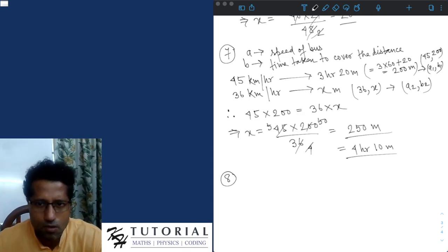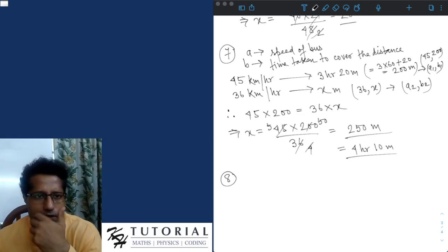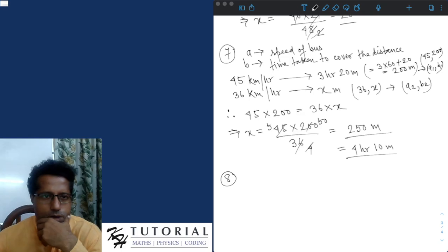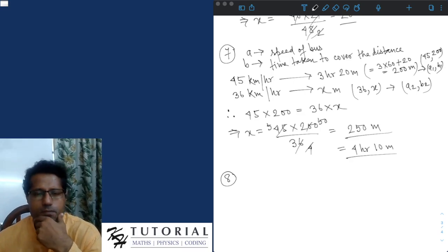The language is a little complex. Let's try to understand the language. It says that at the beginning of a month, a factory has enough materials to make 240 tons of steel in a month.